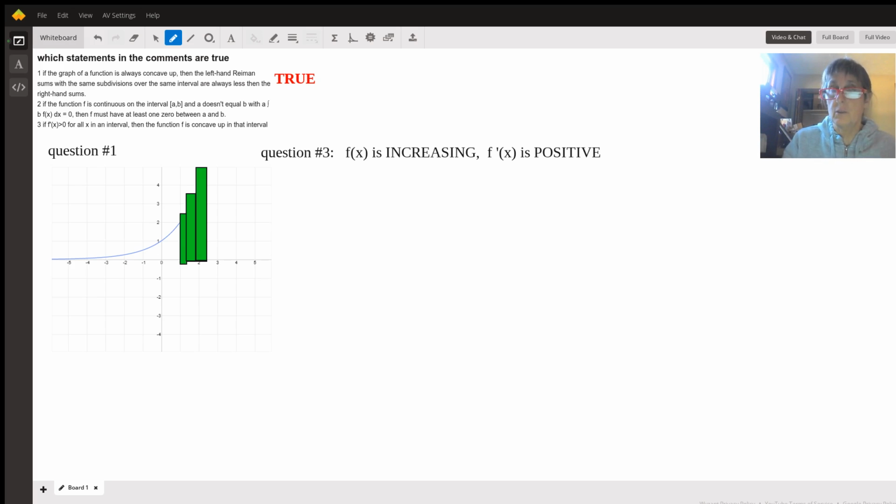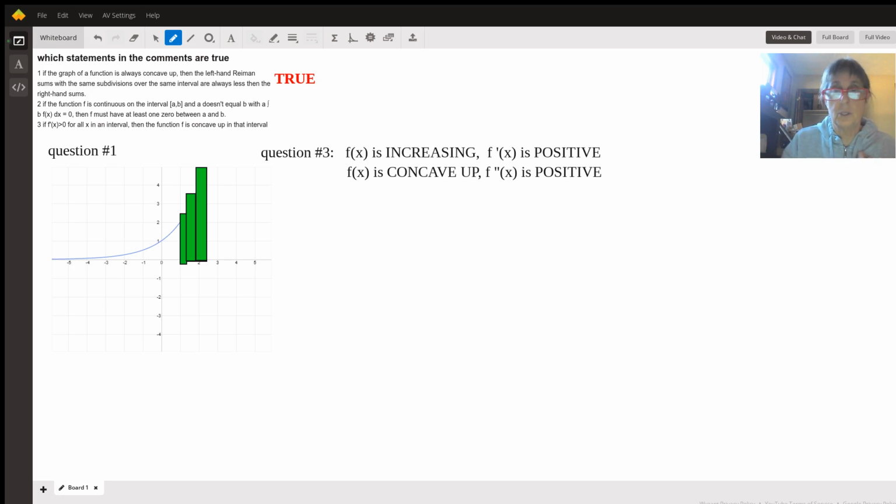Now, if f of x is concave up, that means that the second derivative is positive.